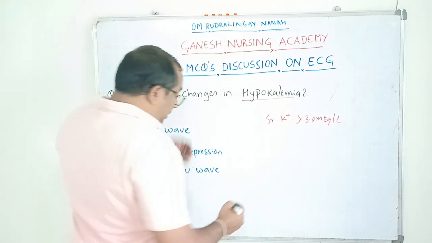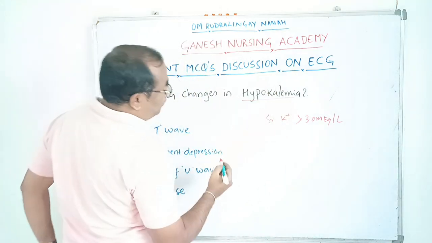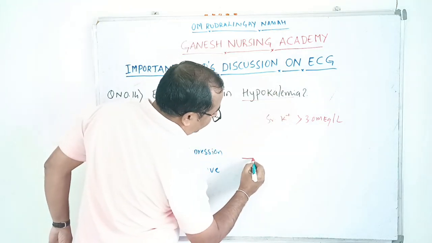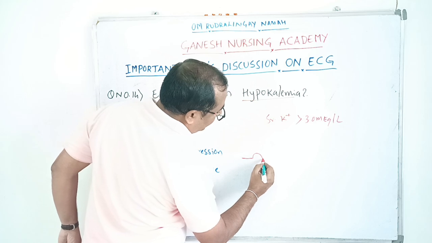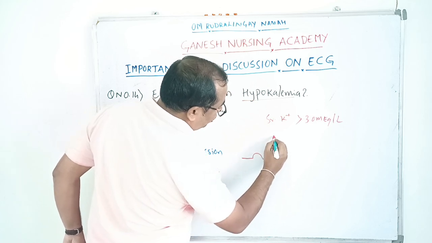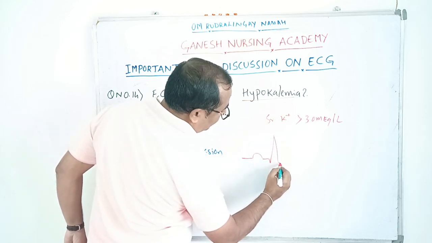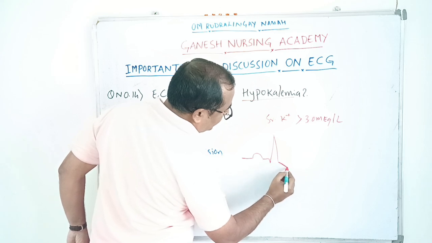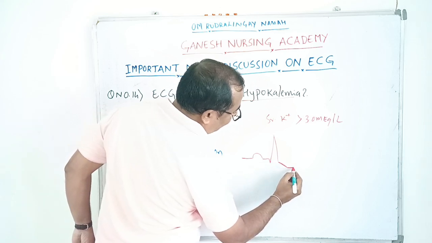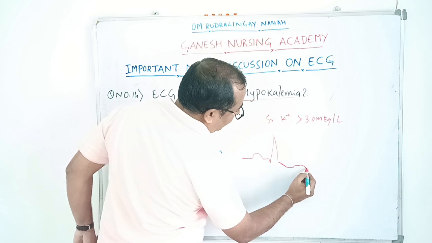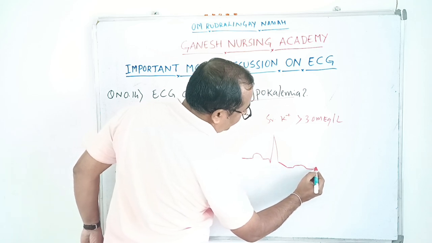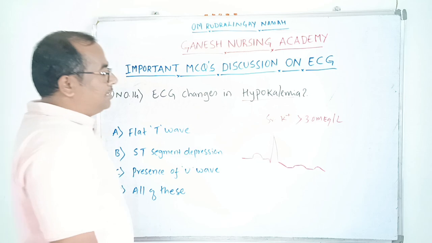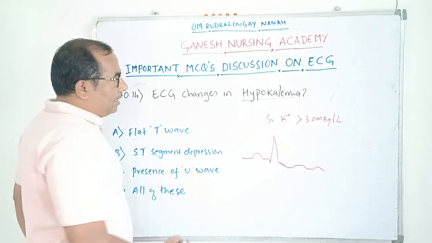So what happens in the ECG in hypokalemia? There will be a normal P wave; the P wave will not be affected here. The QRS complex will be normal, but the ST segment will be depressed, and the T wave will be flat. And there will be the appearance of a U wave. So these are the significant changes in hypokalemia.